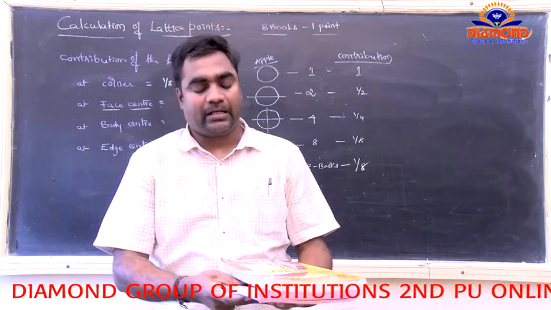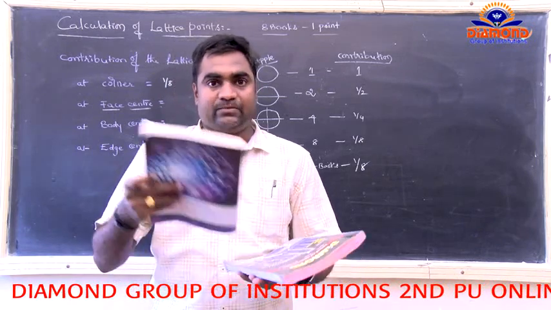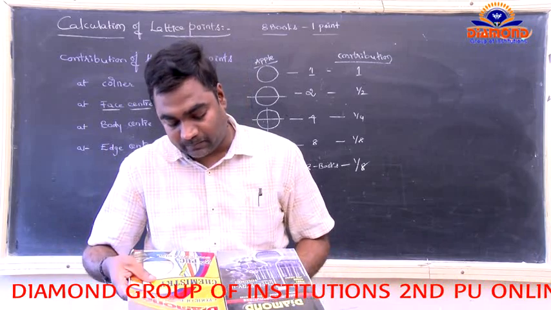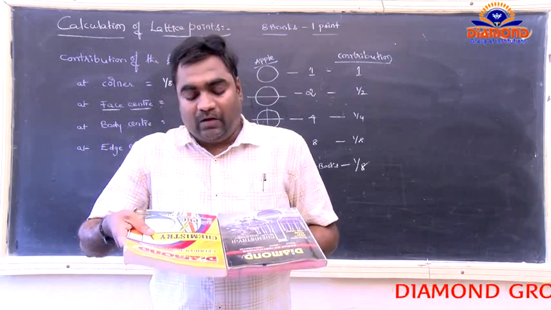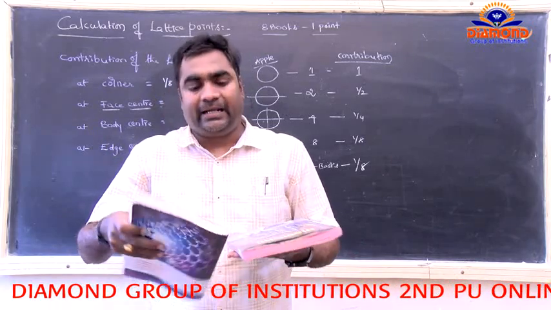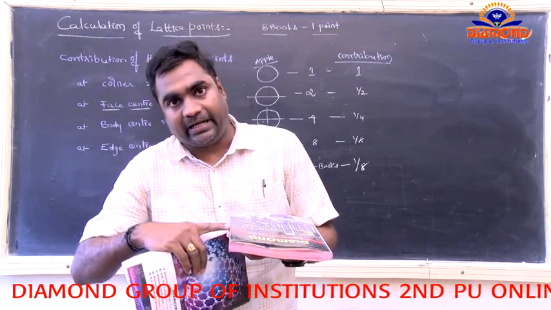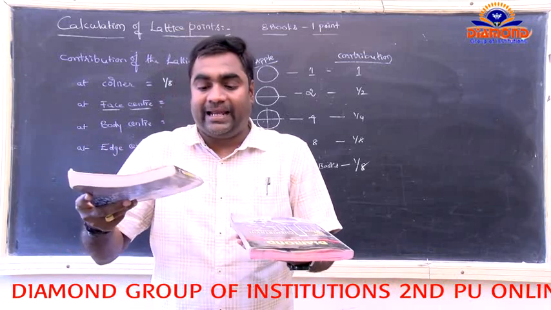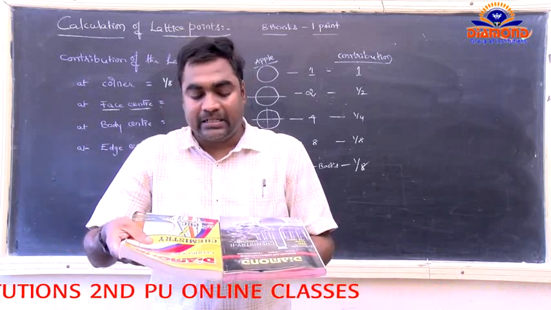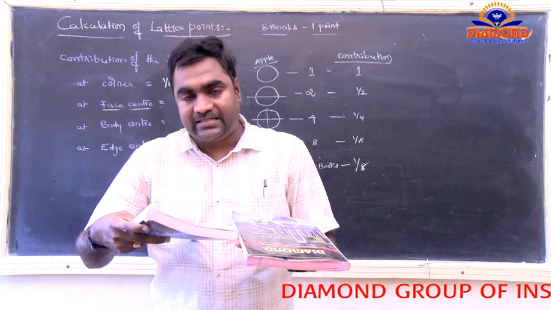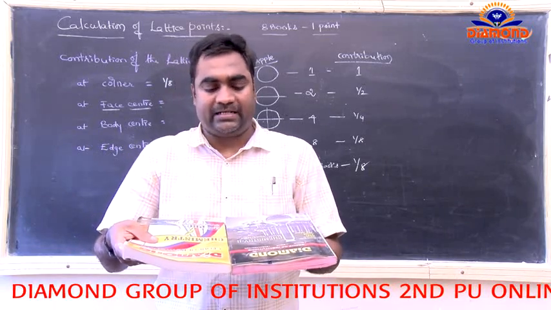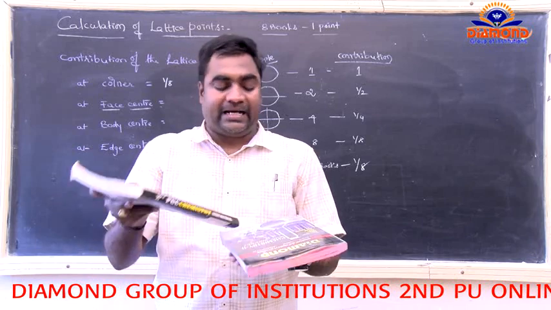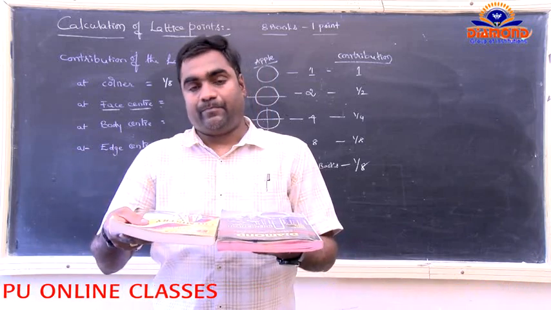Now come to the next case. Suppose this book is placed here. Now we are choosing the lattice point at this face center only. If you arrange the book like this, the point which is chosen here touches this book. That means this point touches 2 books.